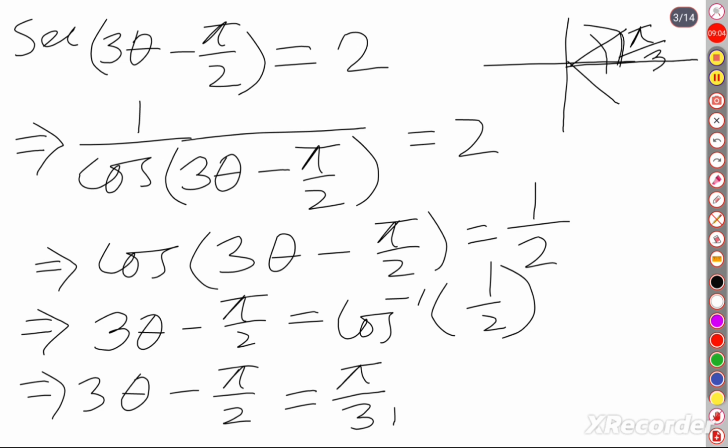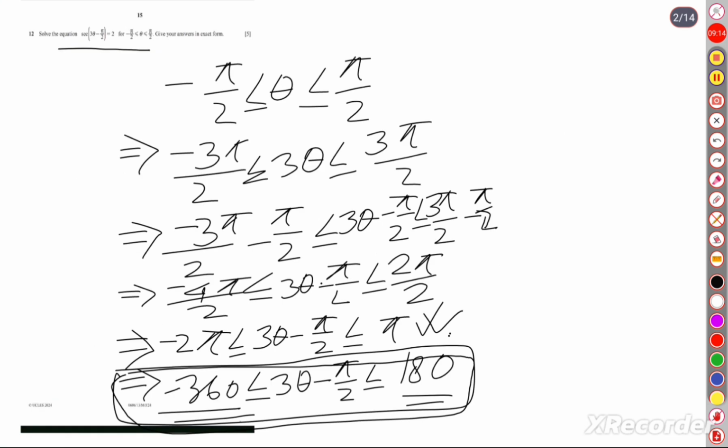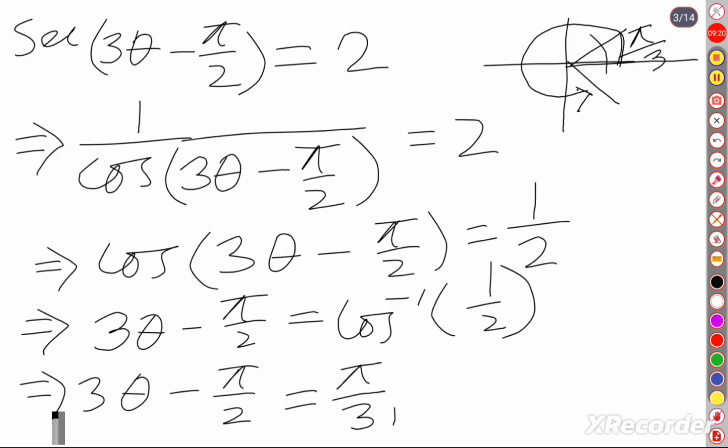Anti-clockwise, if we talk about this one, we should not forget our domain. Our domain was from negative 360 to positive 180. So positive 180 is actually this quadrant. This quadrant is positive 180 or less than this. As the angle doesn't fall here, we don't have any other measurement.